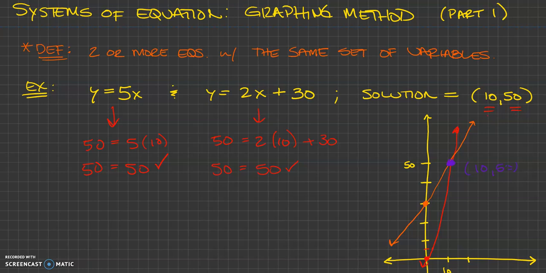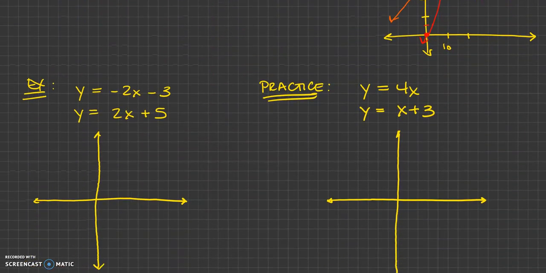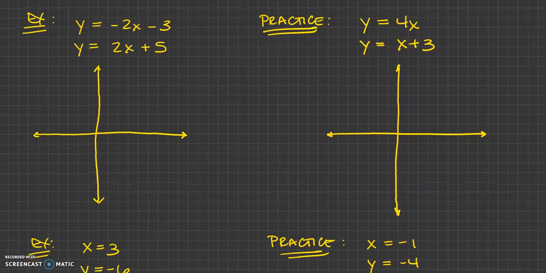That's your solution. So the solution, where these two given equations, y equals 5x and y equals 2x plus 30, is where they cross or where they intersect. That's the solution. All right, given that, let's work through a couple more examples here.